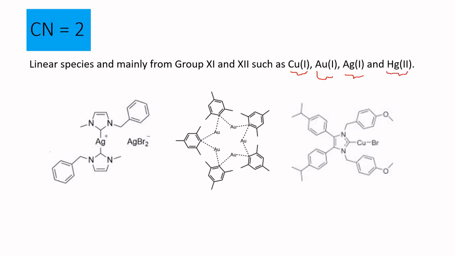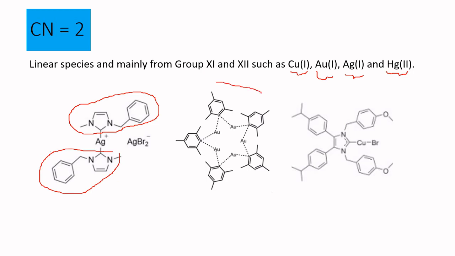If you take a look at the example here, silver, for example, is only attached to 2 ligands. This is the first ligand, and this is the second ligand. So it forms a linear complex.